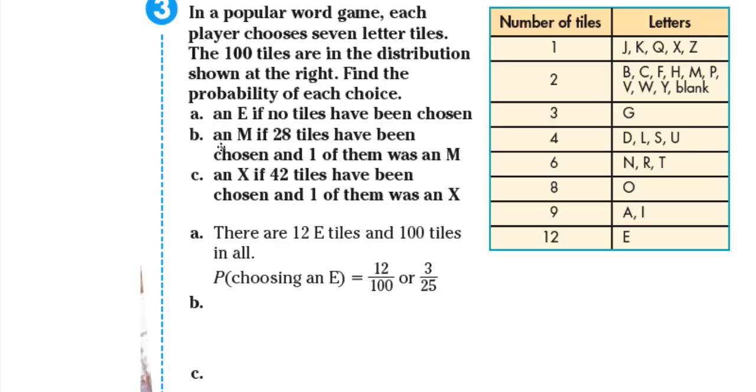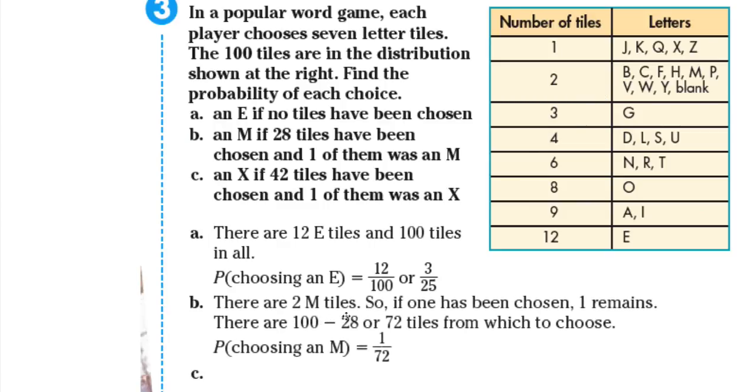Let's take a look at B. An M if 28 tiles have been chosen and one of them was an M. There are how many M's? There are 2 M's in the game. There are 2 M tiles, so if one has been chosen, one remains. So there are 100 minus 28, or 72 tiles to choose from. Why?